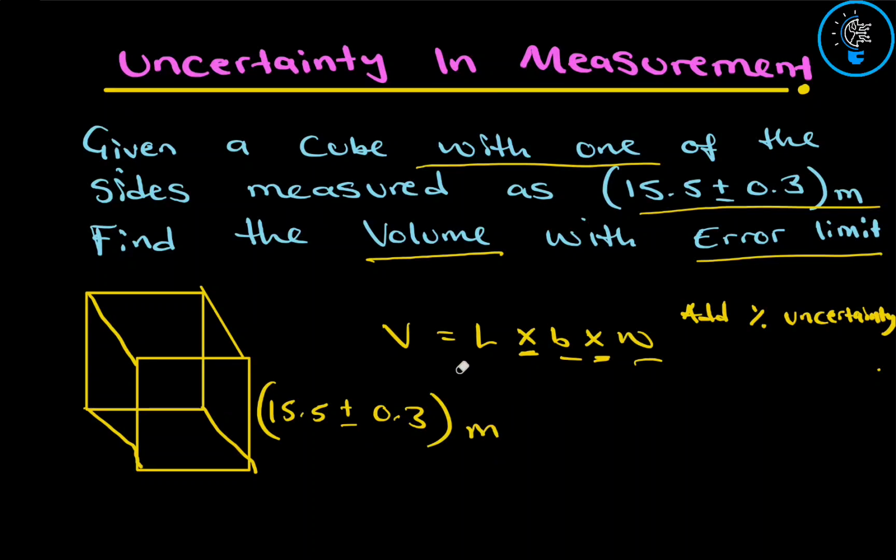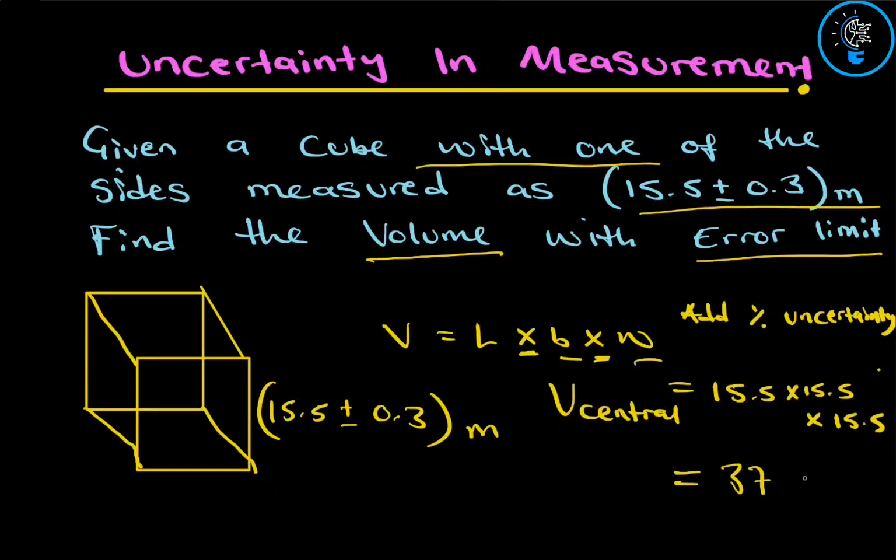Okay, let's begin by finding the central value. So let's begin with step 1. Step 1, we are saying find the central values. So the central values, as usual, we can calculate them using this formula. So it will be 15.5 times 15.5 times 15.5, and that will give us 3,723.875.